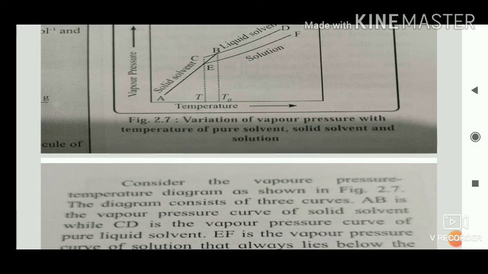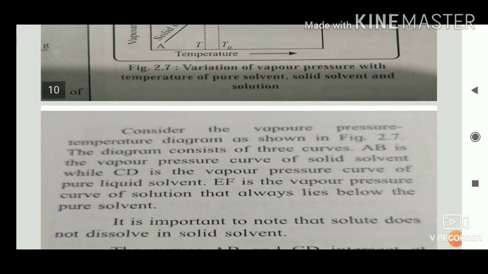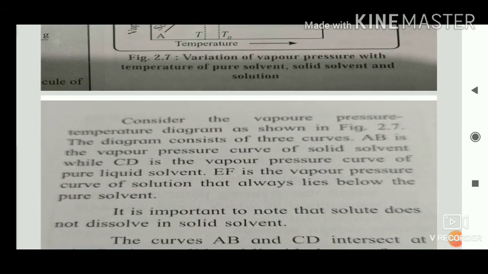AB is the vapor pressure curve of solid solvent, while CD is the vapor pressure curve of pure liquid solvent. EF is the vapor pressure curve of the solution that always lies below the pure solvent. It is important to note that solute does not dissolve in solid solvent.